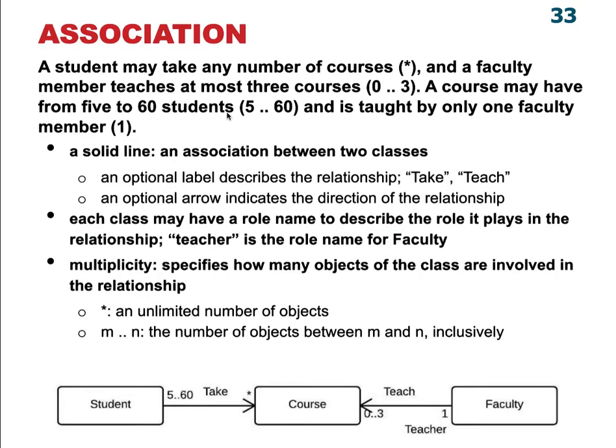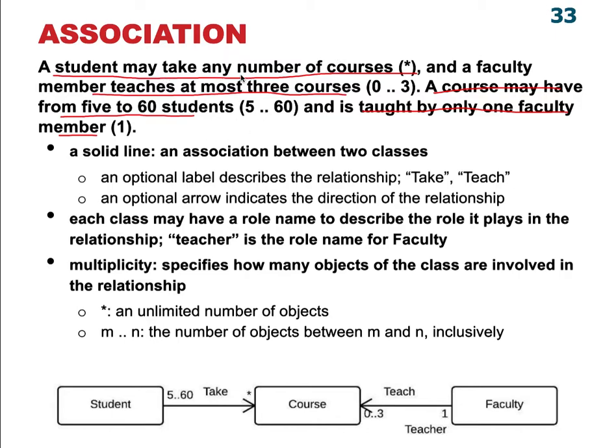For example, this is the activity. A student may take any number of courses, and a faculty member teaches at most three courses. A course may have from 5 to 60 students, and is taught by only one faculty member. In a general relationship, association, or other relationships, if you can specify the number of objects for the class, here is the notation.